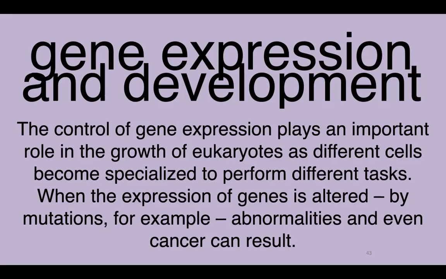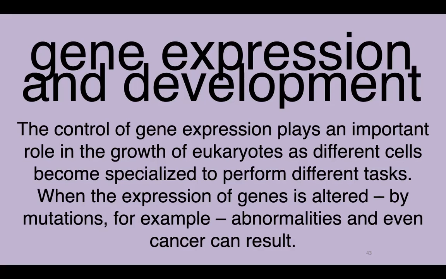So for example, in a red blood cell, you're going to have the genes turned on that code for the protein hemoglobin, because the purpose of a red blood cell is to transport oxygen, and the protein that transports the oxygen is hemoglobin. Versus, let's say, a skin cell, which doesn't have anything to do with transporting oxygen, will not need to even make hemoglobin ever, because it doesn't have to transport oxygen.